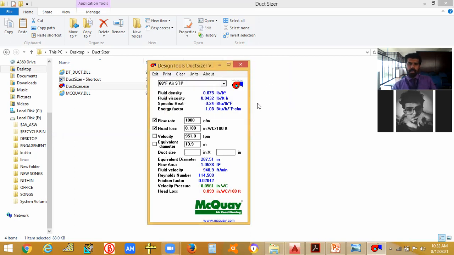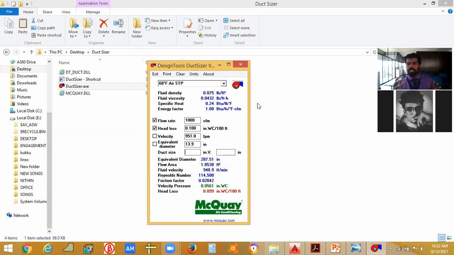So this is the duct sizer software, and it's very simple. Just give the values. Give the flow rate, give the head loss, or give the flow rate, give the velocity, and you'll be getting all other values, its properties with the duct size.